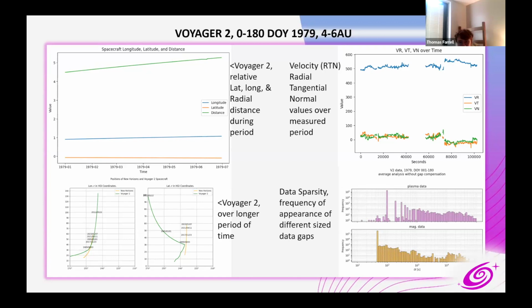The y-axis is the frequency of that gap in data appearing in the portion of data that we picked out. And we picked out this data because, for some of the reconstruction we do later, about 30% of this data is missing.